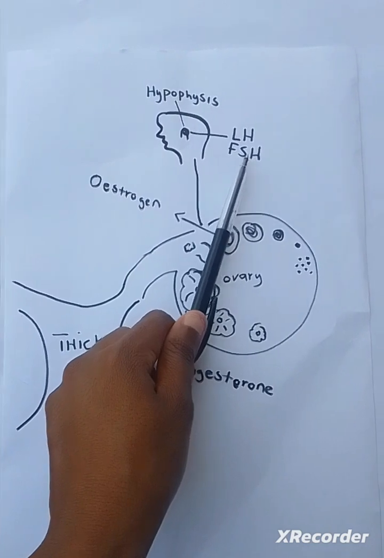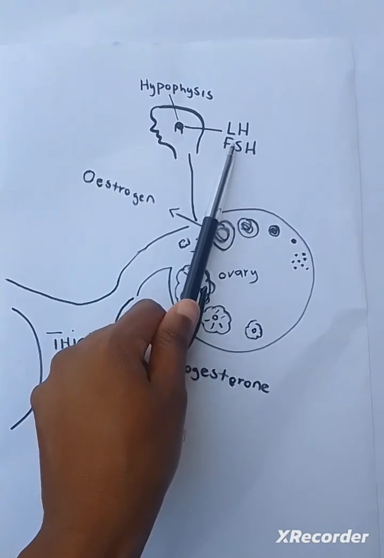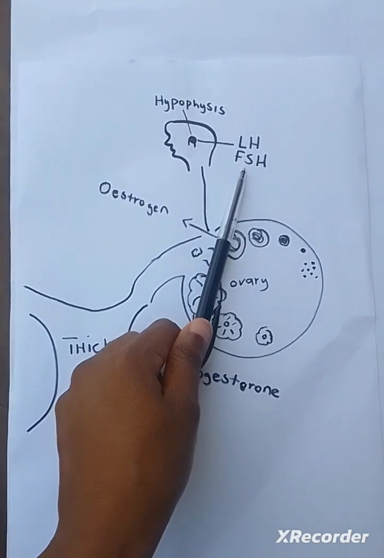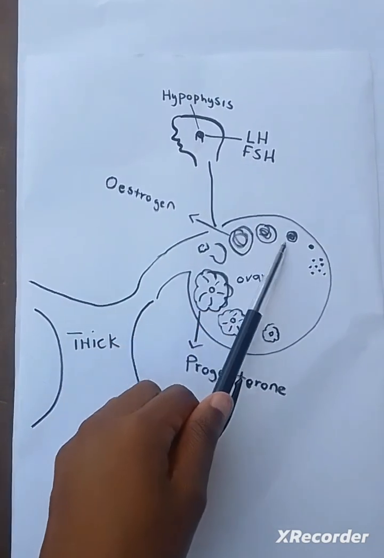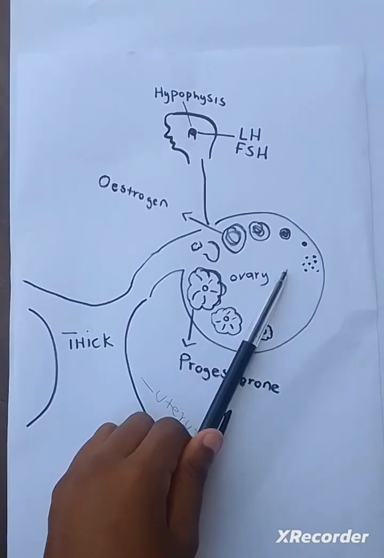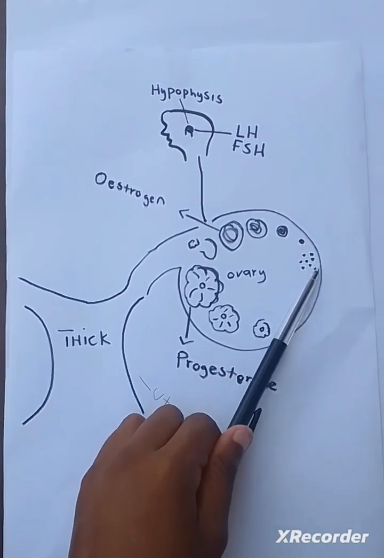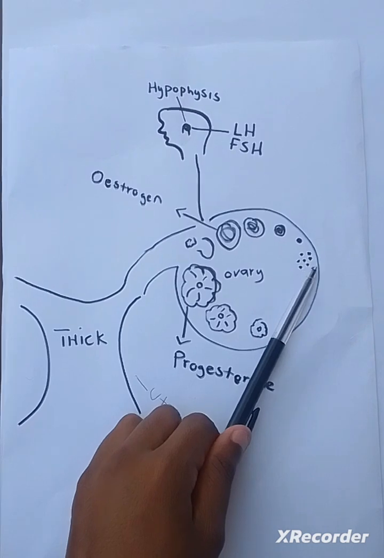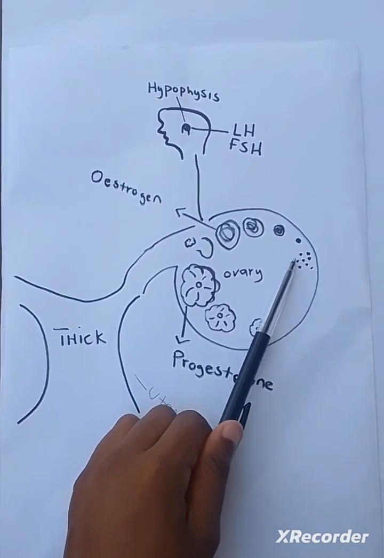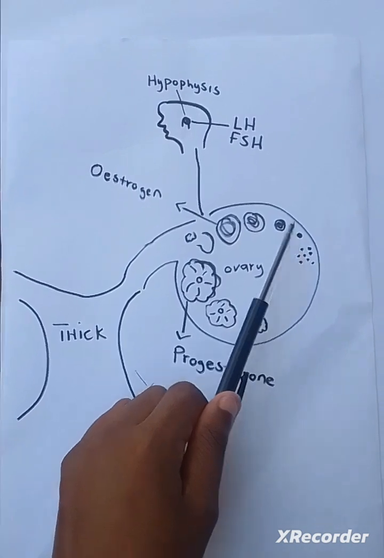Now, when it secretes this hormone, what happens? This is a woman's ovary, so the hormone FSH will go to the ovary to stimulate the production of follicles. So follicles will be produced because of this hormone.